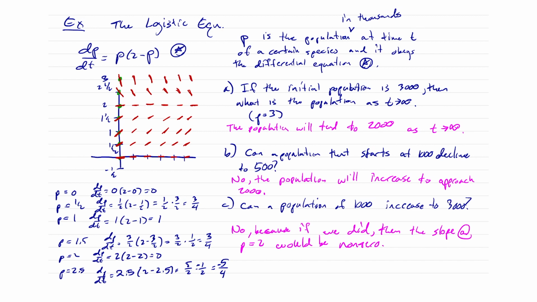Okay. So cool. Let's talk a little bit about what happened here. This was a nice little population model, and what we saw was that all we needed was the information that we had here, and then we could copy it here and here and here.